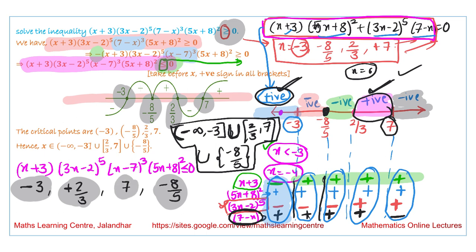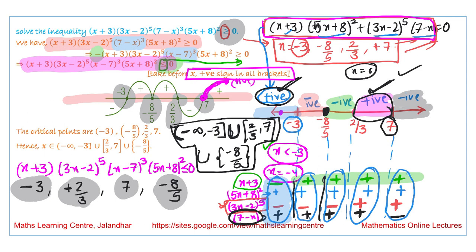Now, the values of x on this side, we are starting from this point over here. We are always considering this point to be positive because the signs of all these x we have taken are positive. Now, we start moving from this point and we reach the point 7.